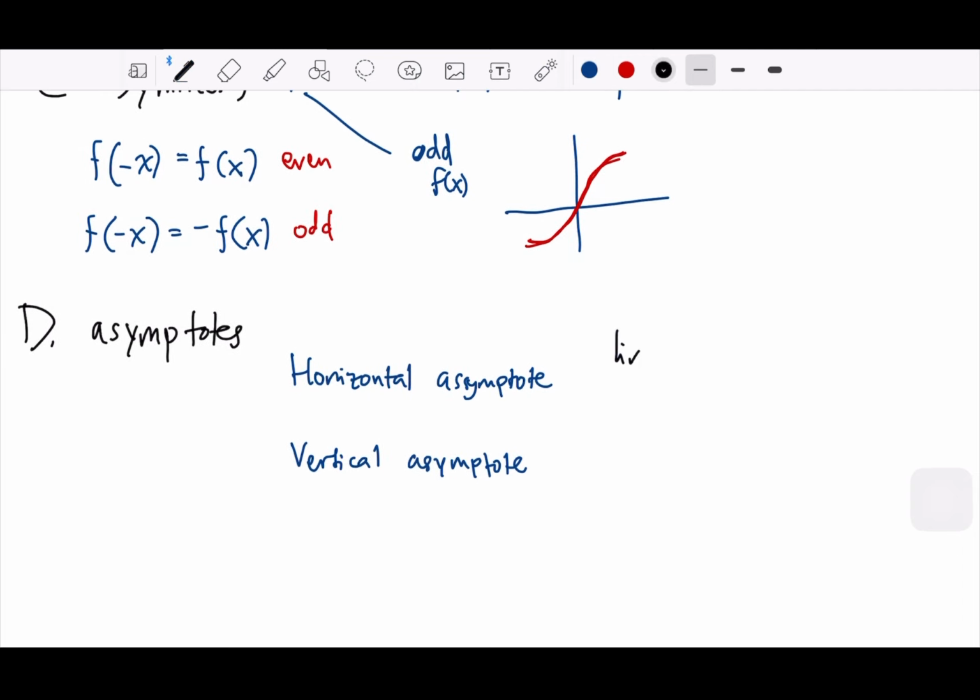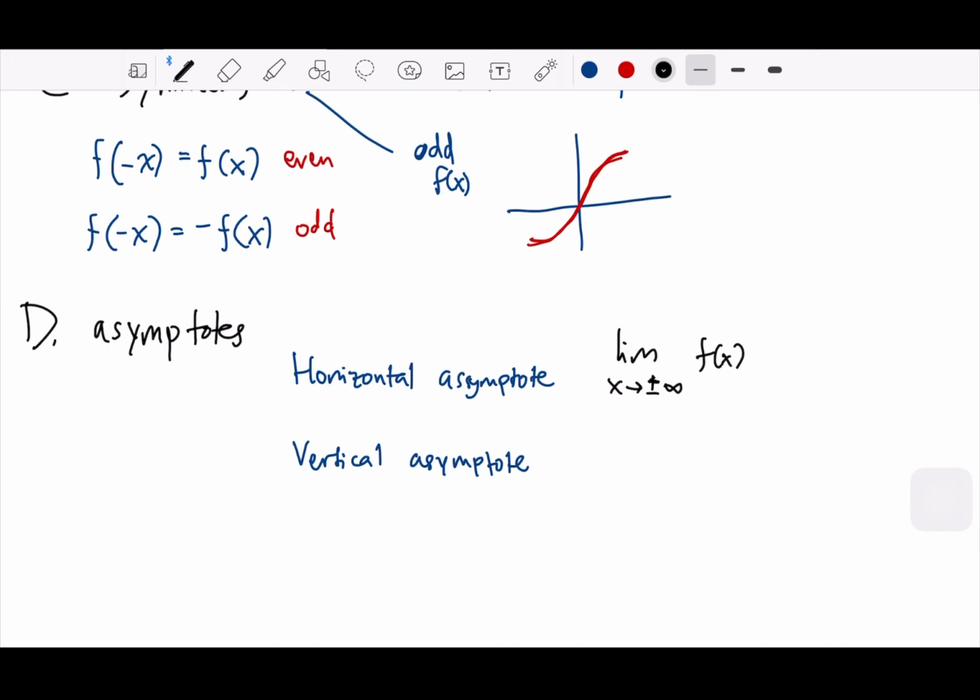Horizontal, if you take the limit as x goes to plus or minus infinity, it depends on the condition of the curve. It's going to have some certain value. Vertical, when you have something like the previous graph, x equals 6 is vertical, right?